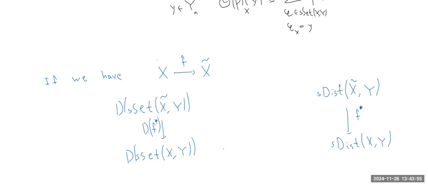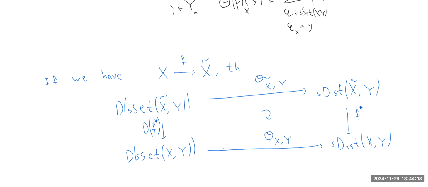Then we have theta from here to here, the theta of x tilde y, and the one for xy. So actually this diagram is commutative for every f. We say nothing about this f.